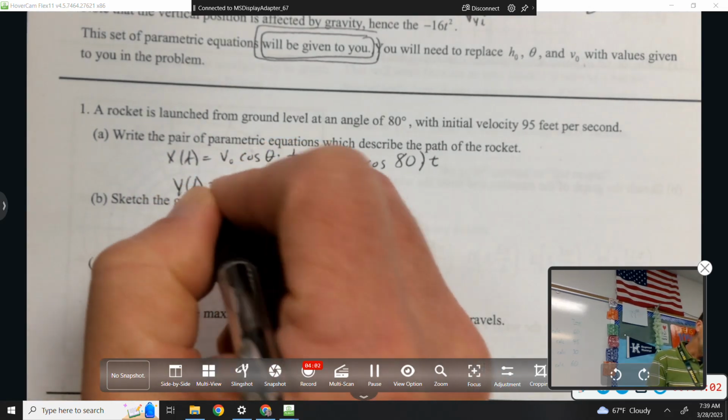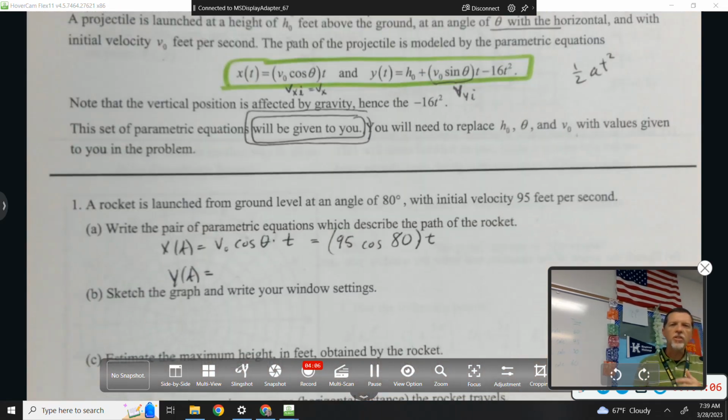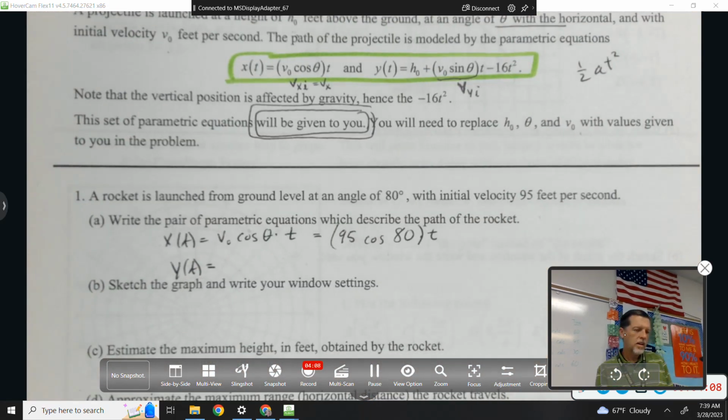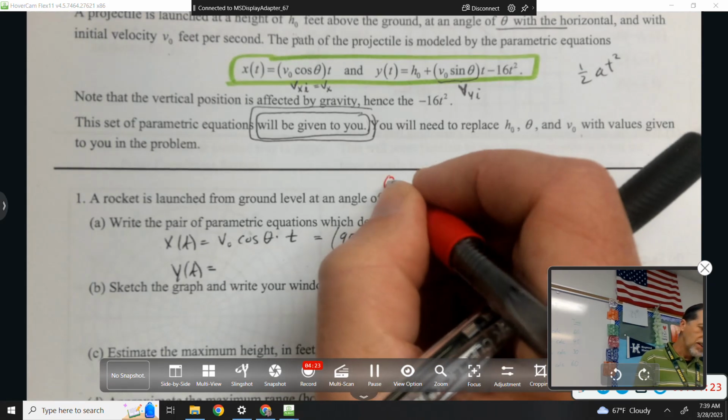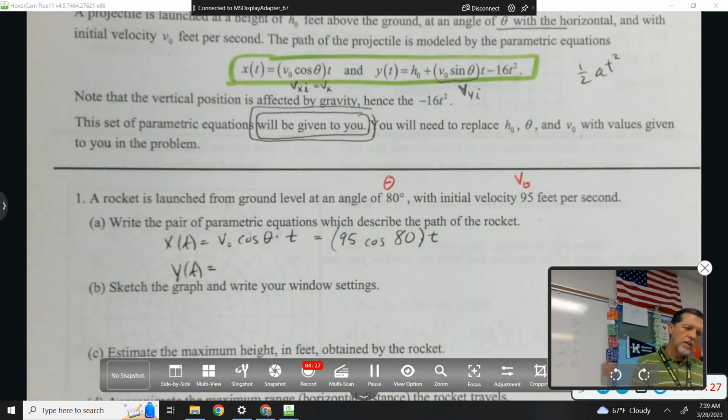y of t, h0. So what's our initial height? Pardon? We do know. They didn't give us a number, but they told us what the initial height is. 80 degrees is the angle. That's v0. But I need to know what my initial height is.